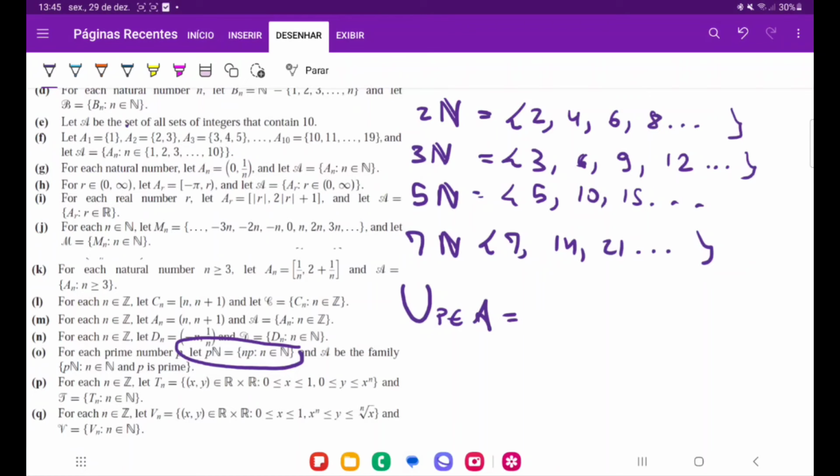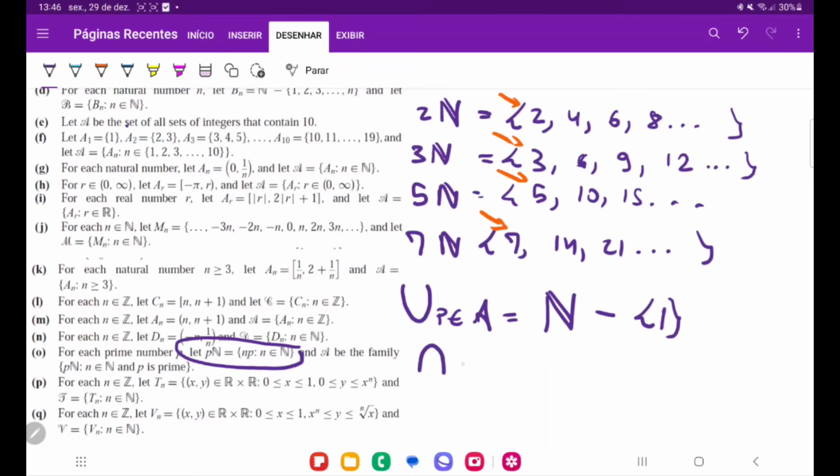If we multiply it by the naturals. However, the one number that's not going to be there is the number 1, because 1 is always going to be multiplied by a prime number, right? So we can see here that the first entry is always going to be missing 1. So the union, all the possible values it could take, are all the natural numbers, right? Minus the set containing 1.